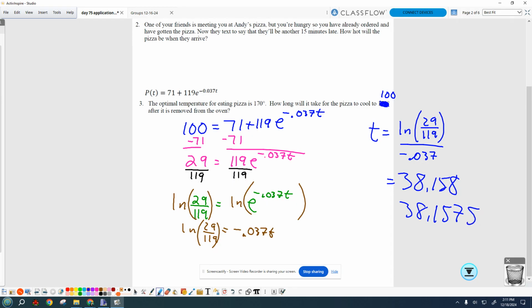So, those of you headed to calculus, in calculus they not only do not care about significant figures, they don't care about rounding so much. Anyone in computer science, this is called truncating. You can just cut it off. So 38.157 would be accepted.